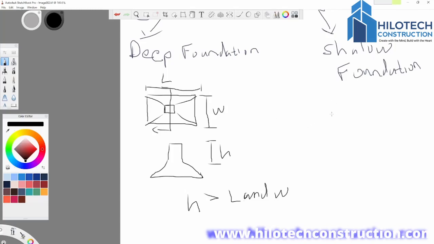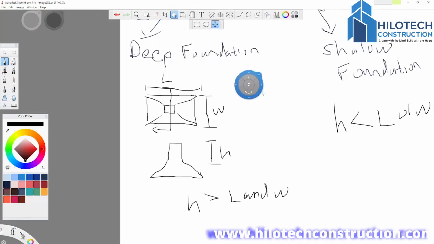But if the height is less than the length or the width, then you have a shallow foundation. Okay, so I repeat, if the height is greater than the length or the width, you have a deep foundation. If it is less than the length or the width, you have a shallow foundation.